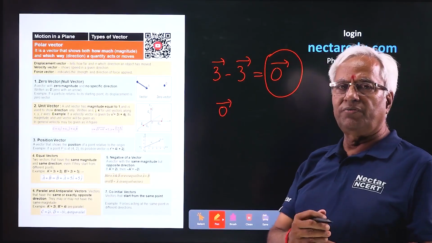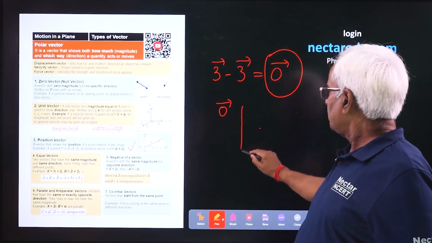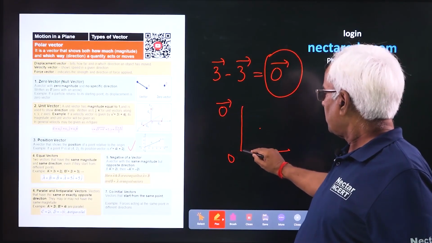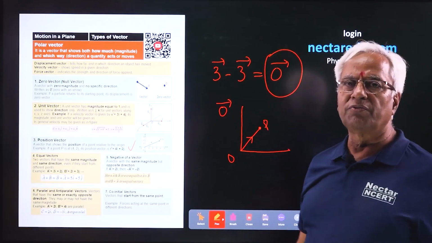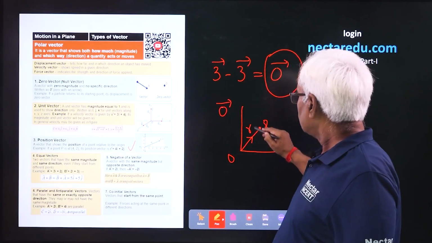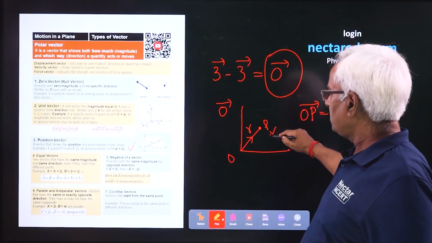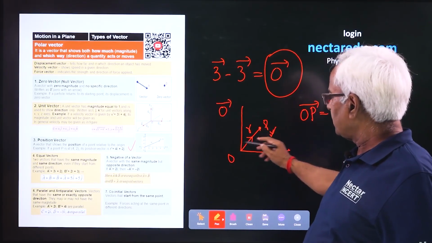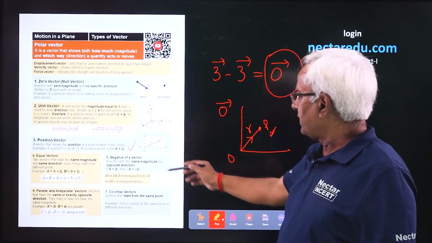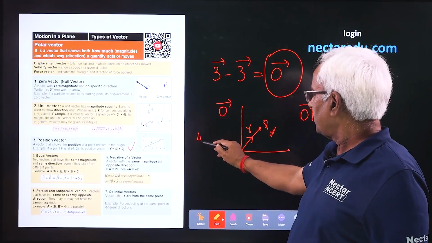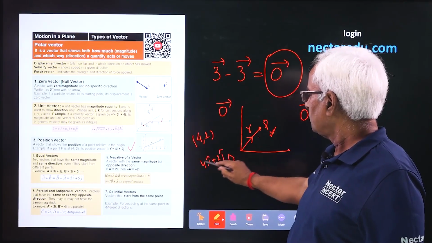Then position vector. Position vector means the body is at a particular point, you take the origin, draw one vector from origin to the given position of the body, it will be position vector R. This would be known as position vector of the point P. Location, as for example this one, is 4 on x and 2 on y, you can say that it is having the coordinate 4 and 2, or in vector form you will write 4i plus 2j.